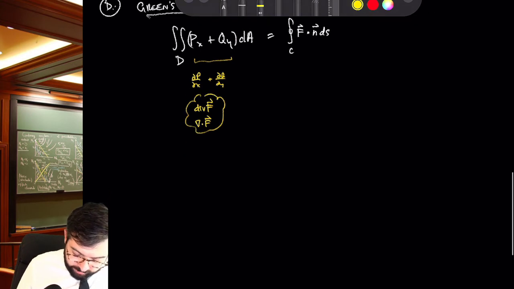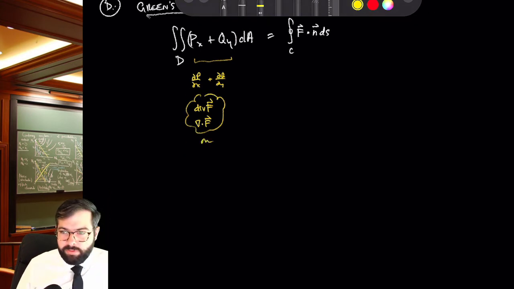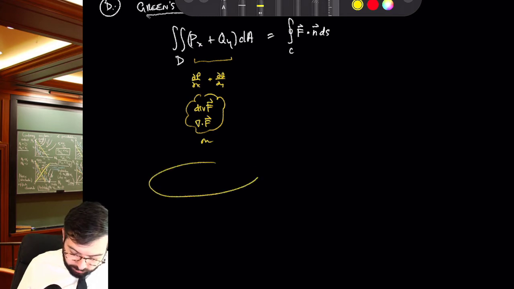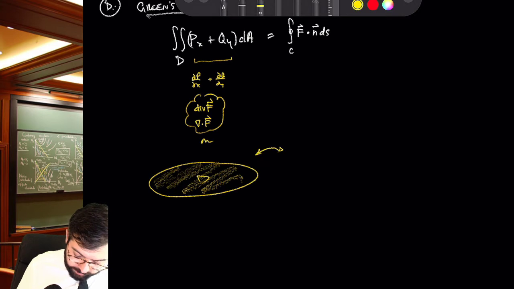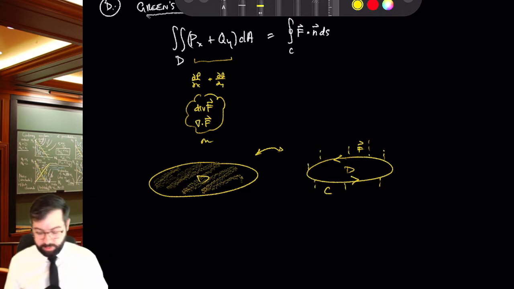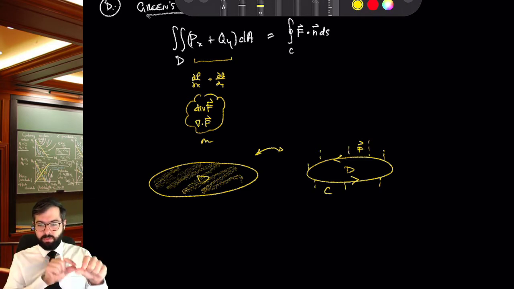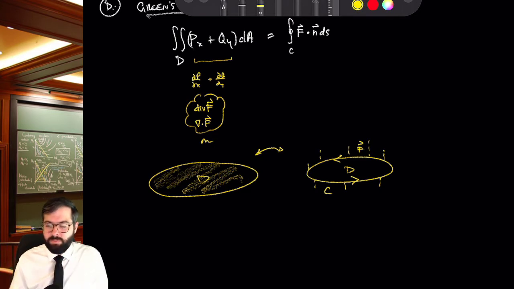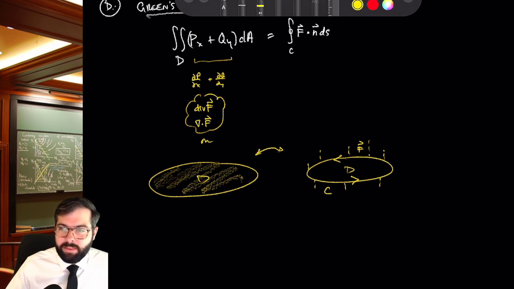So looking at this version of a derivative of the vector field on, again, a region D related to what's happening on the curve C around D with values of the vector field. Okay, so the boundary, again, telling us about what's happening on the inside, relating the derivative on the region to the boundary.